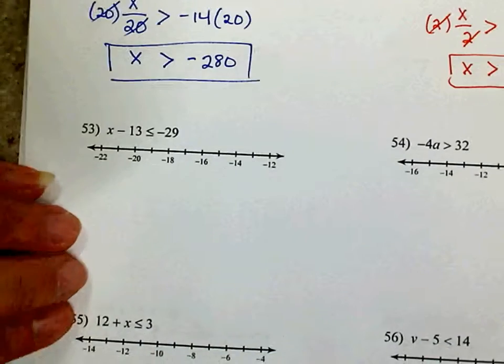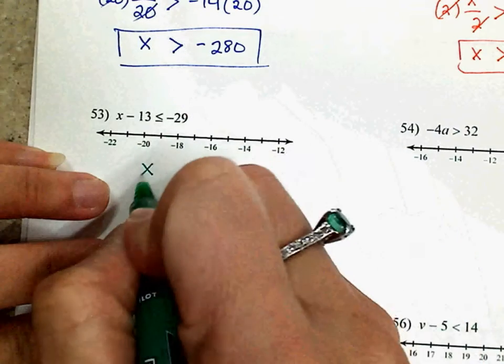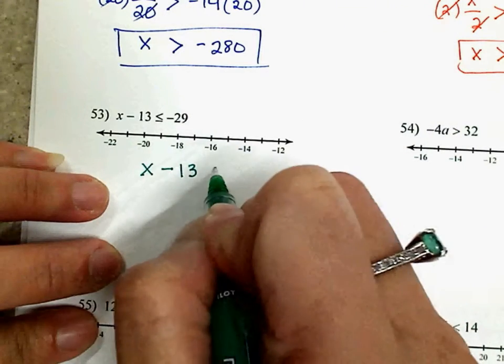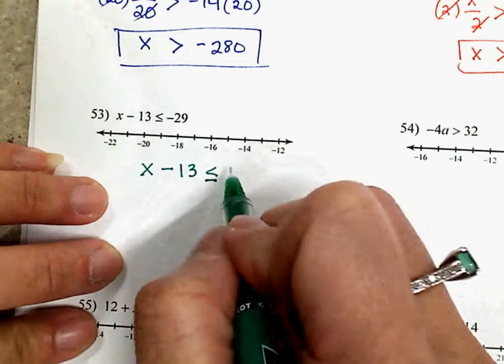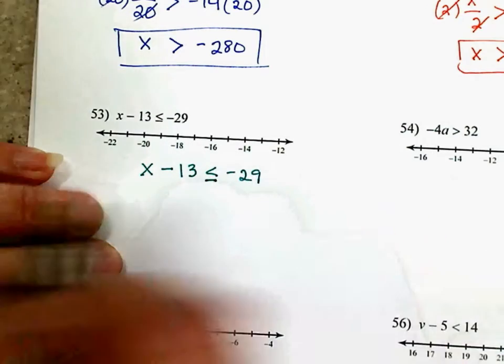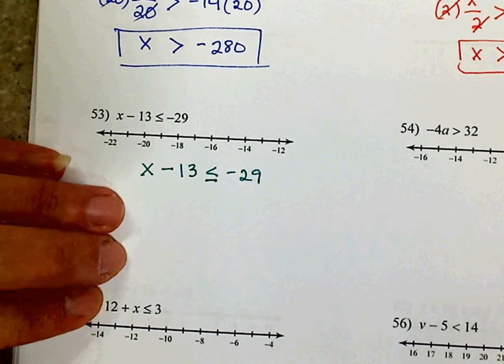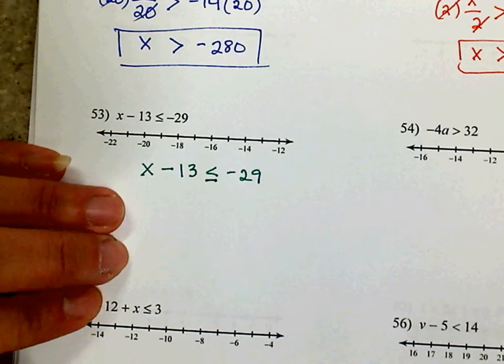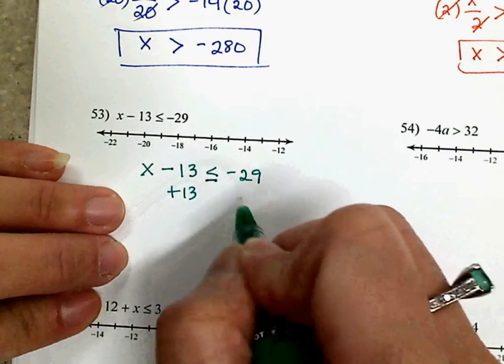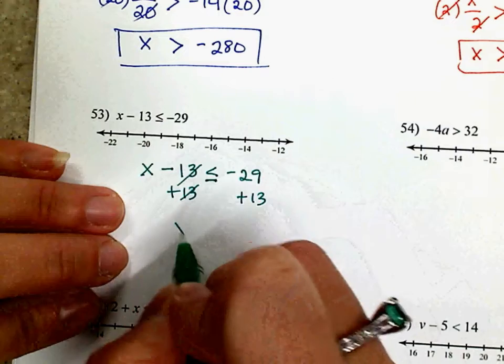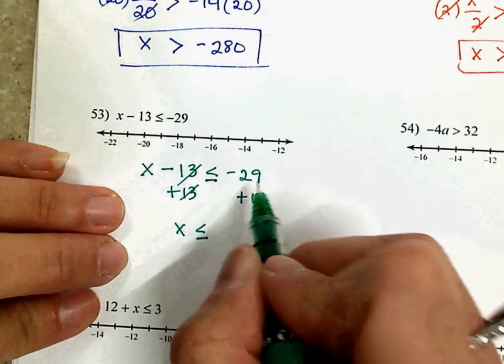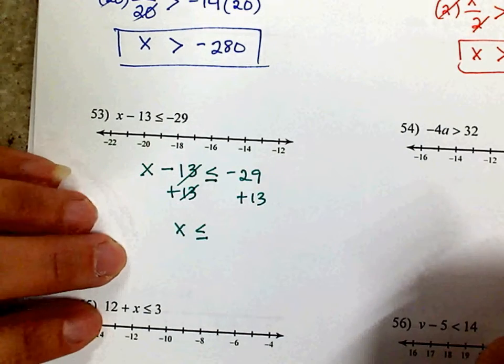I'll help you. X minus 13 is less than or equal to negative 29. Okay? Melissa, what do we do? Very good. Plus 13. So X is less than or equal to negative 29 plus 13 is?